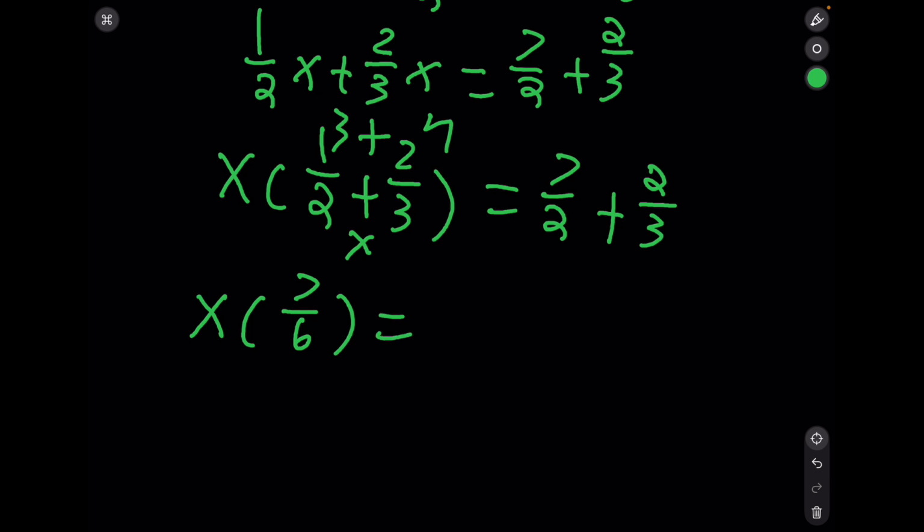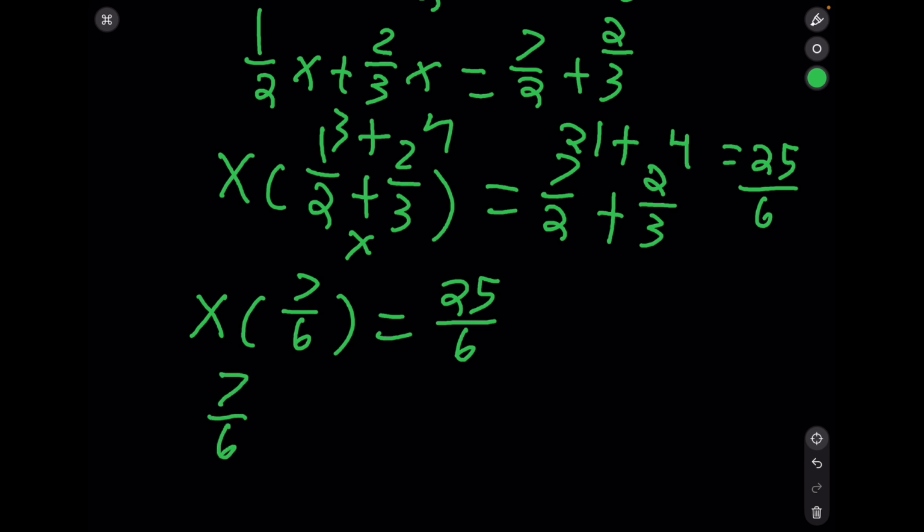So from here, we're going to also do butterfly. And so on the numerator, you're left with 25 over 2 times 3, which is 6. And then from here, you can multiply back the 7 over 6 times x, which is equal to 25 over 6.